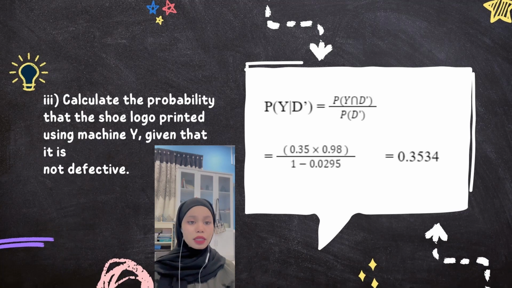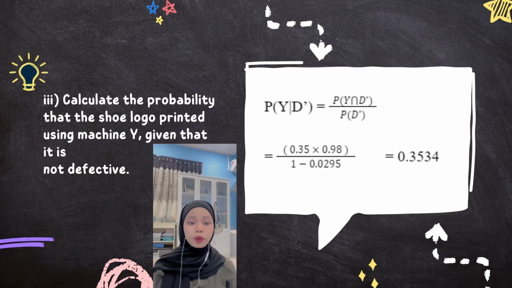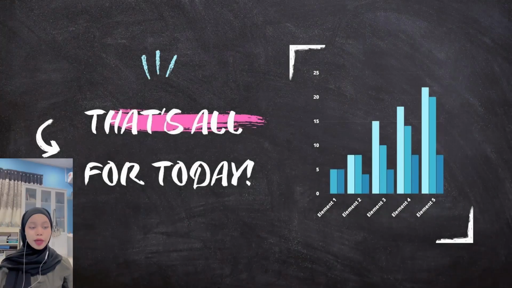By substituting the given probabilities, we found that the formula equals 0.35 multiplied by 0.98, divided by the complement of the probability of a defective logo, which simplifies to 0.3534. And that's all for my individual video assignment, and thank you.